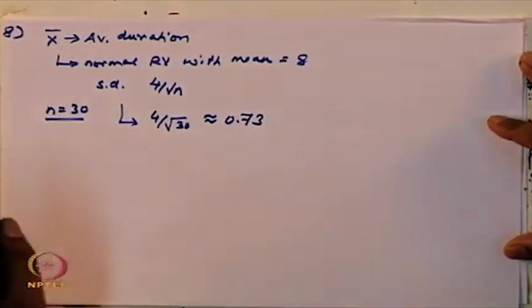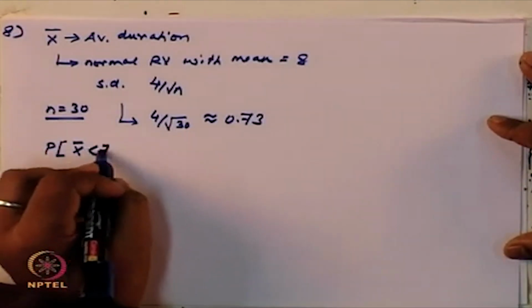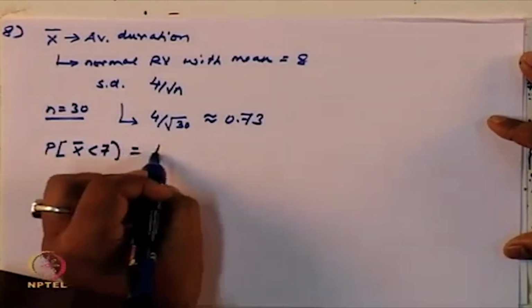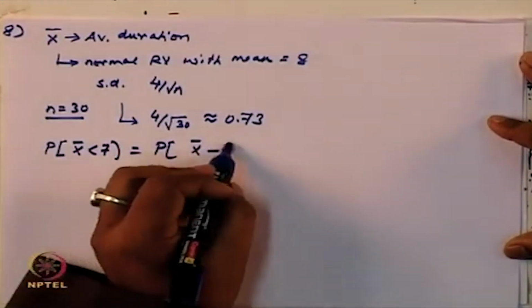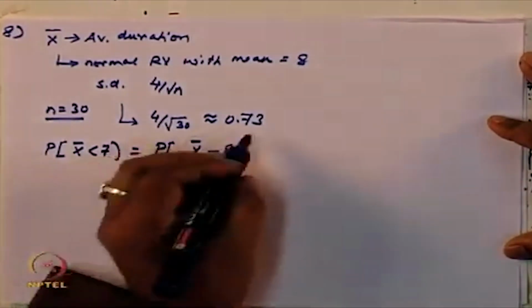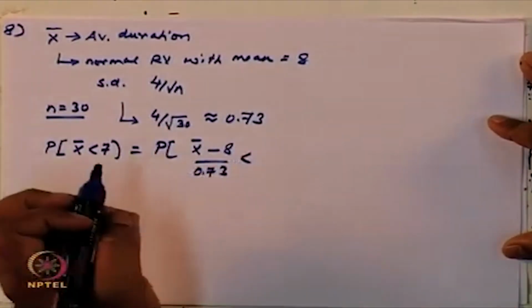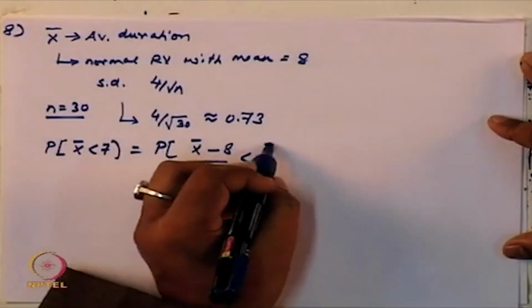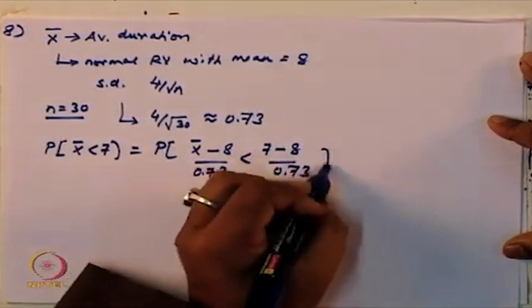So, we want to calculate the probability of x bar less than 7, which is the same as the probability of x bar minus mu, which is 8, divided by sigma by root n, which is 0.73, being less than 7 minus 8 by 0.73.